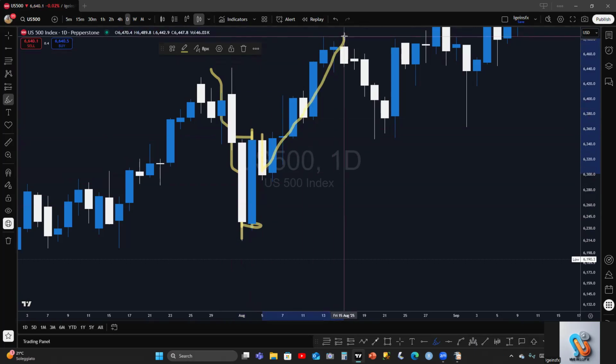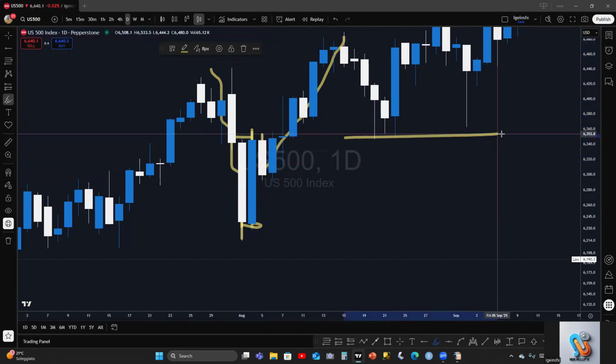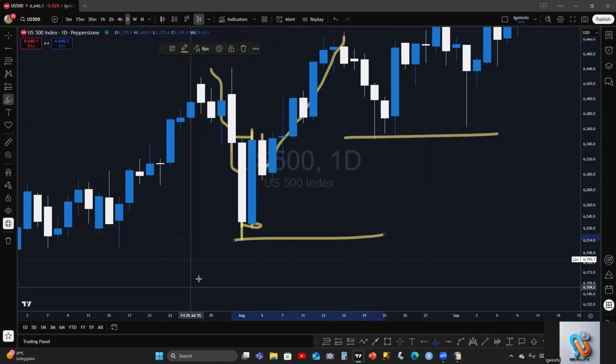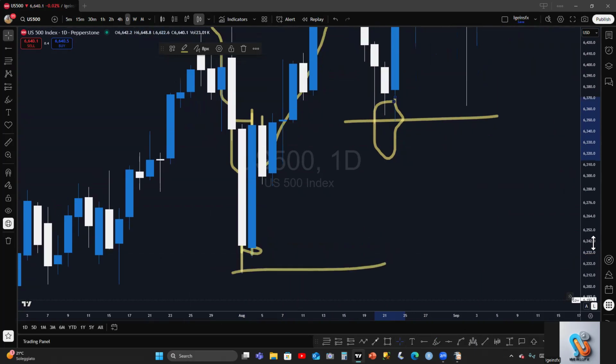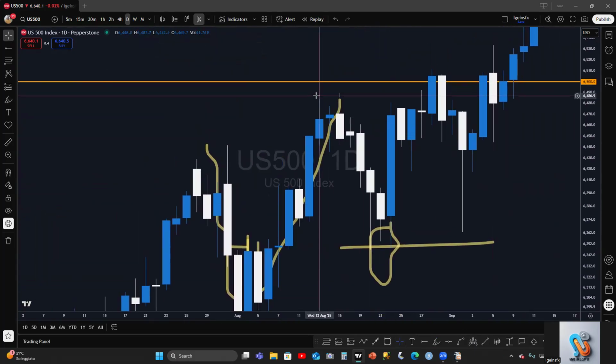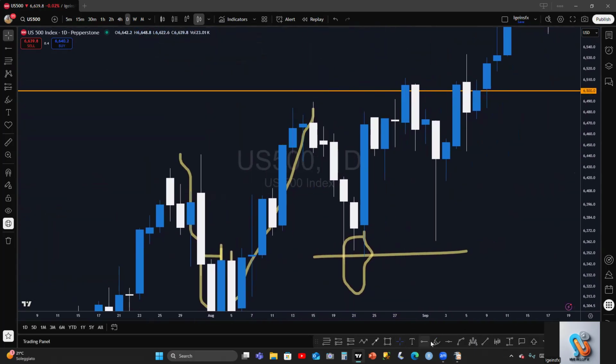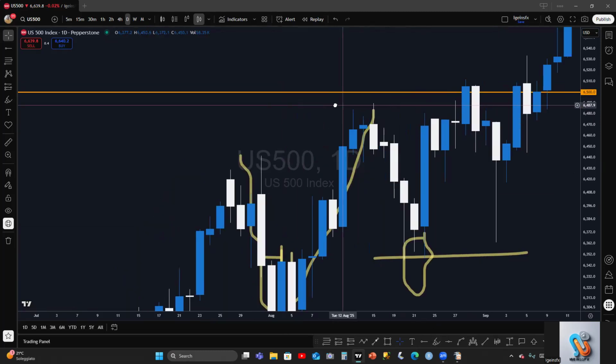When we talk about a support level, these are support levels. Anywhere you see a push, a bullish run, then a pullback, the pullback is a support level, while the high before it starts pushing to the downside is what we call a resistance level.